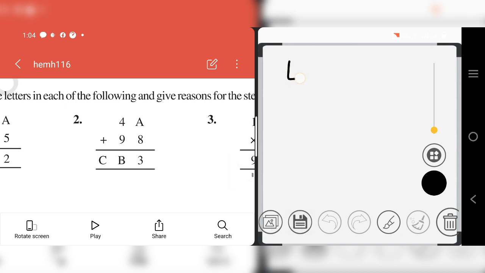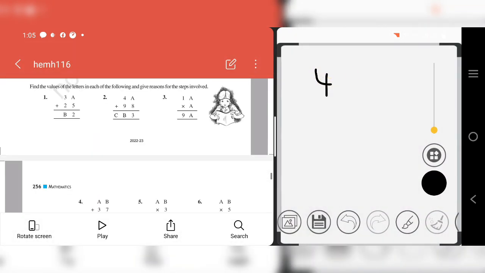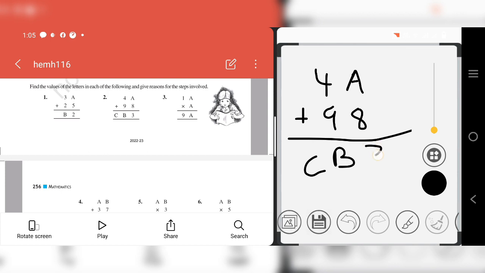Second one, 4a plus 98 is equal to CB3. So here also, as the first one we solved, the same step.